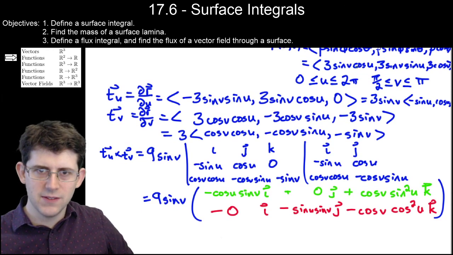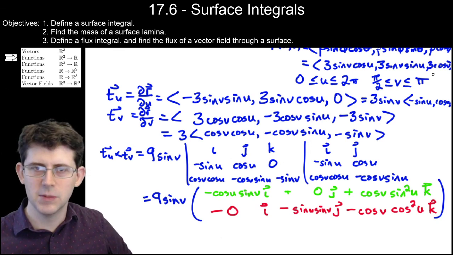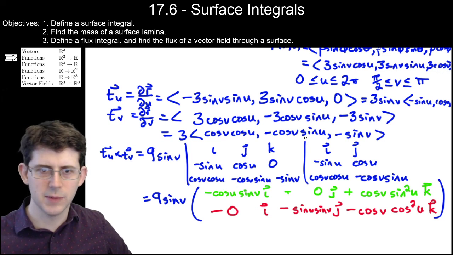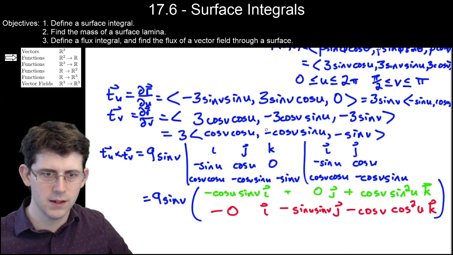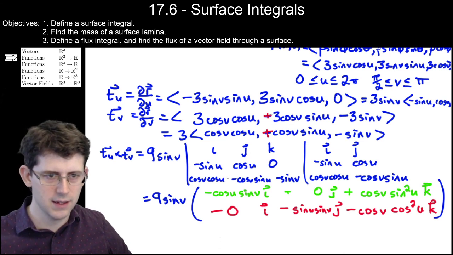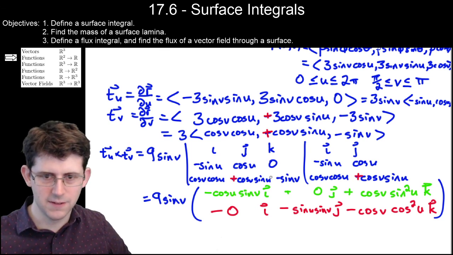The u partial derivative should be negative, positive, 0. Negative, positive, 0. The v partial derivative should be positive, positive, negative. So here's my error. The v partial derivative should have positive here. That means this should be positive, and this should be positive.